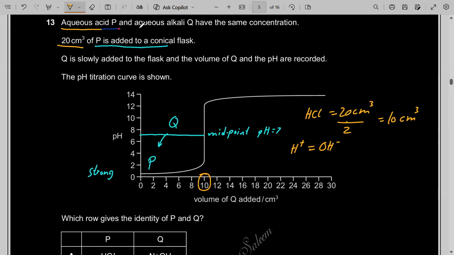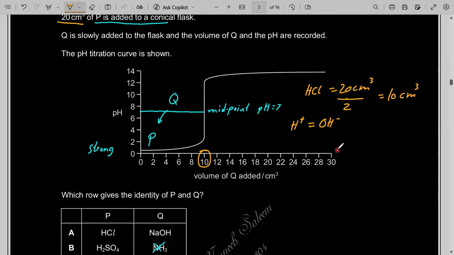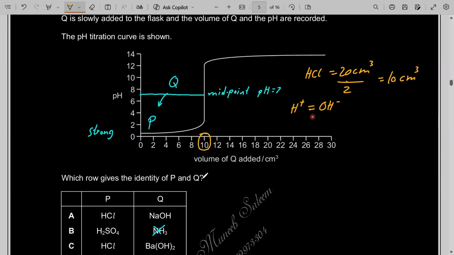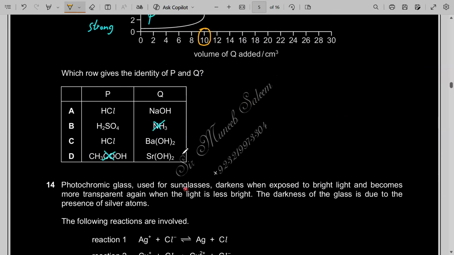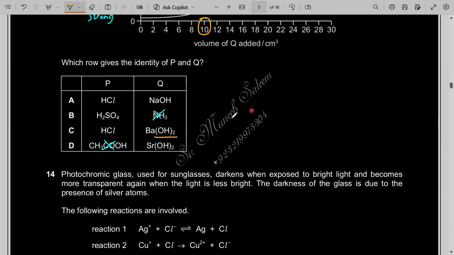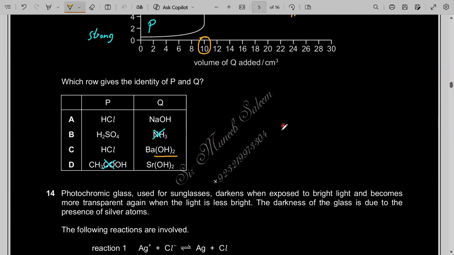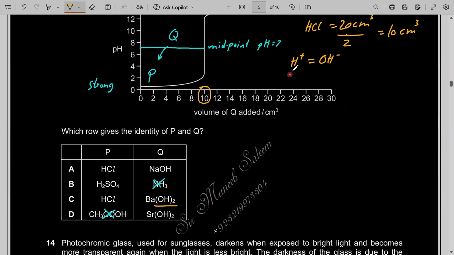And it says aqueous P and Q have the same concentration, which means you can compare the mole to volume ratio. Here, barium hydroxide has 2 moles of the hydroxide ion. So if the hydrogen ion is 20 cm cube, and the base is NaOH, then it will also be 20 cm cube.